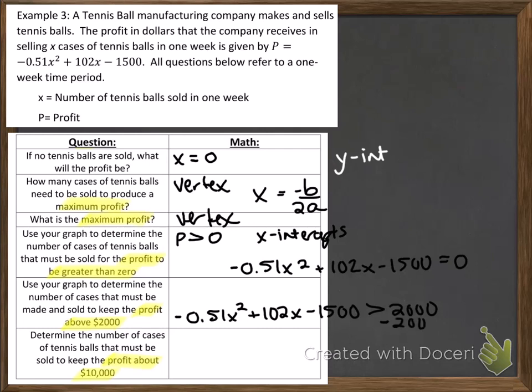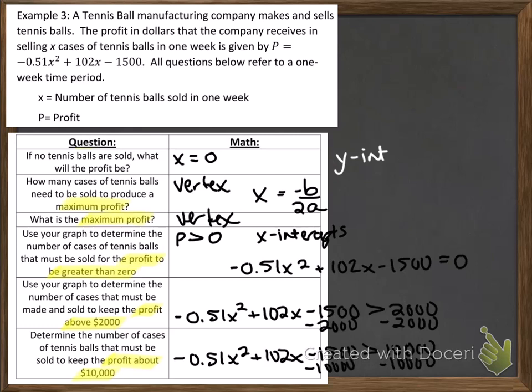We still get 0 on one side, and we still have an equation where we have a quadratic on one side and 0 on the other side. We could do the exact same thing here, except we have negative 1,500 and then greater than 10,000, so again, subtract 10,000 from both sides.